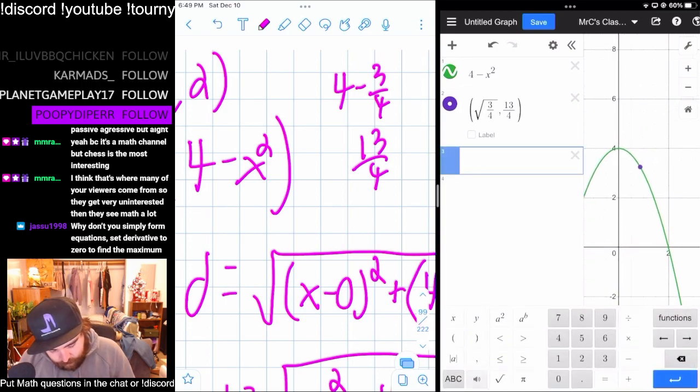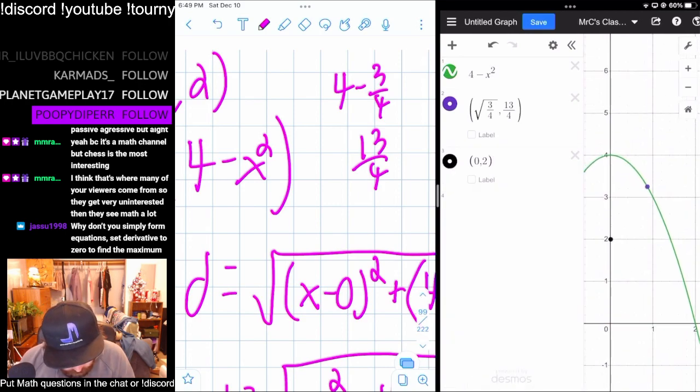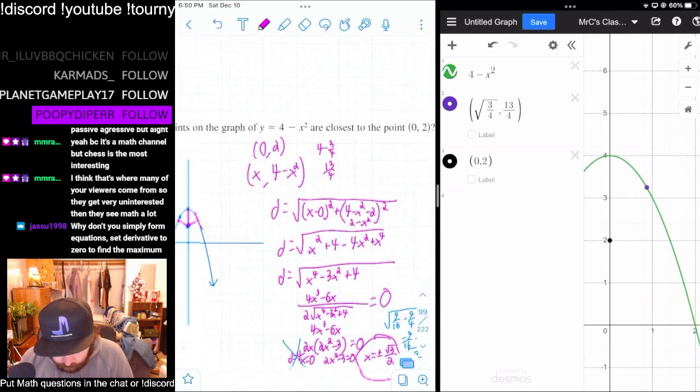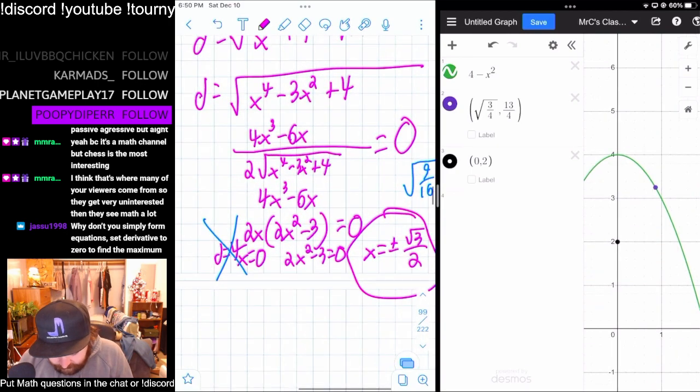And then let's graph the point that we cared about, 0, comma 2. That's not right. Holy moly, that's not right. Where did we mess up here?